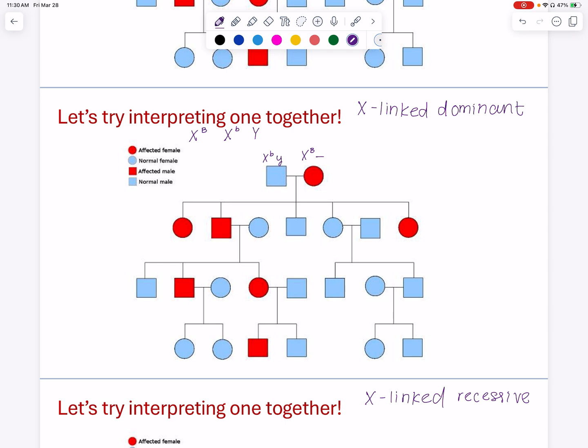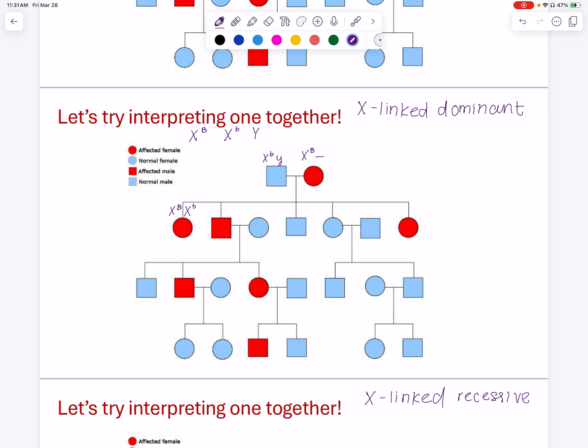For example, if we are looking at potential offspring, the first daughter over here does have the trait, and so we know that this daughter is going to be X big B, and because we know she is a girl, she's going to have an X from dad, and we know that that has got to be X little b. So this individual is going to be heterozygous.